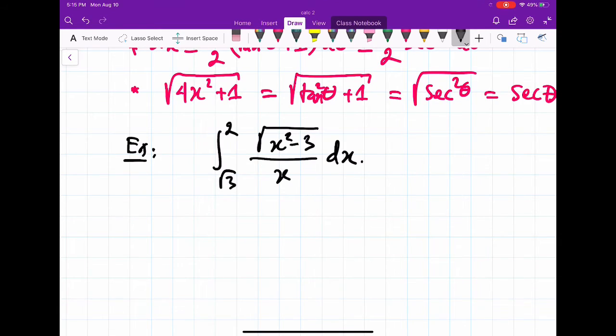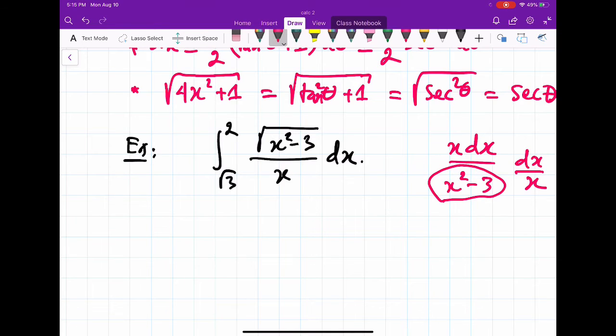You see, there's no way to do substitution normally. Even though you have x squared minus 3 and you see dx over x, if you have x dx, everything is good. If you have x dx, so you have x squared minus 3, you do the substitution u equal to x squared minus 3. But in this integral, you have dx over x, so that is totally different.